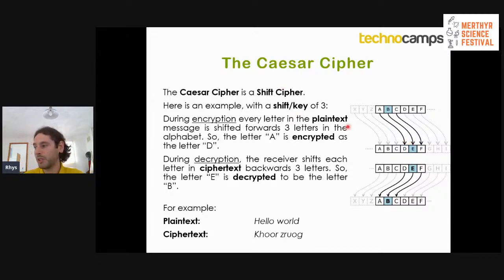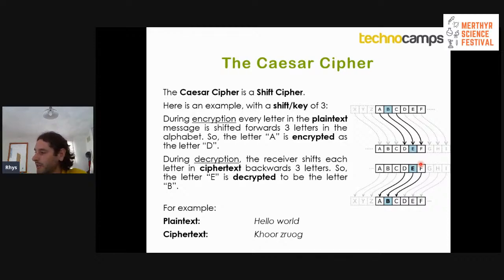In this example, if we use a shift or a key of 3, A would move along 3 spaces, 1, 2, 3, and it would become D. B would move along 3 spaces, 1, 2, 3, and it would become E.